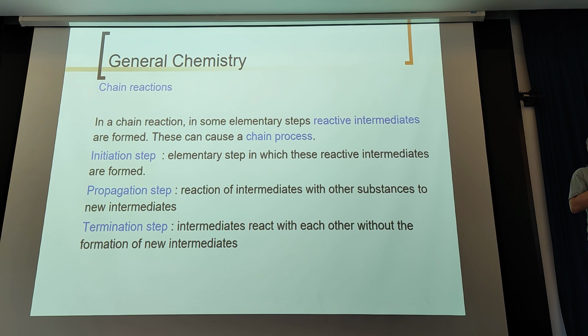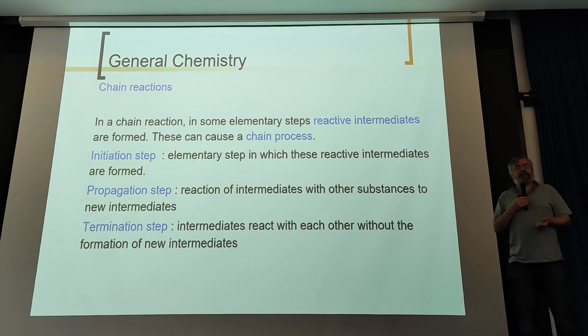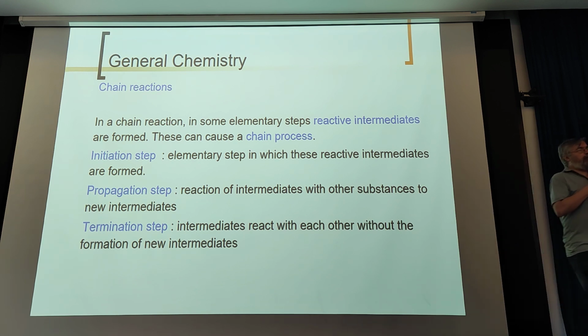In the previous slides you saw we have, for instance, hypoiodide, and so we have iodine. These are intermediates in the pathway of the reaction. And for instance, a typical chain process is known from organic chemistry. For instance, it's a radical process.